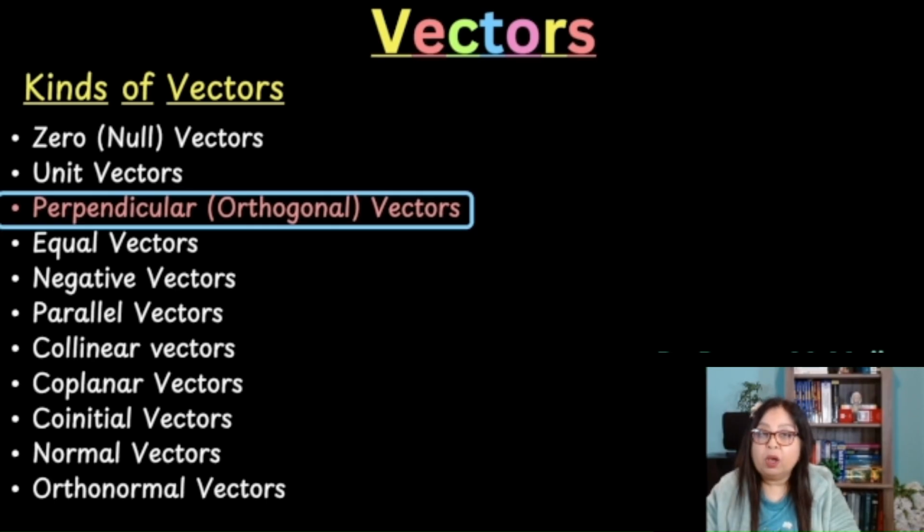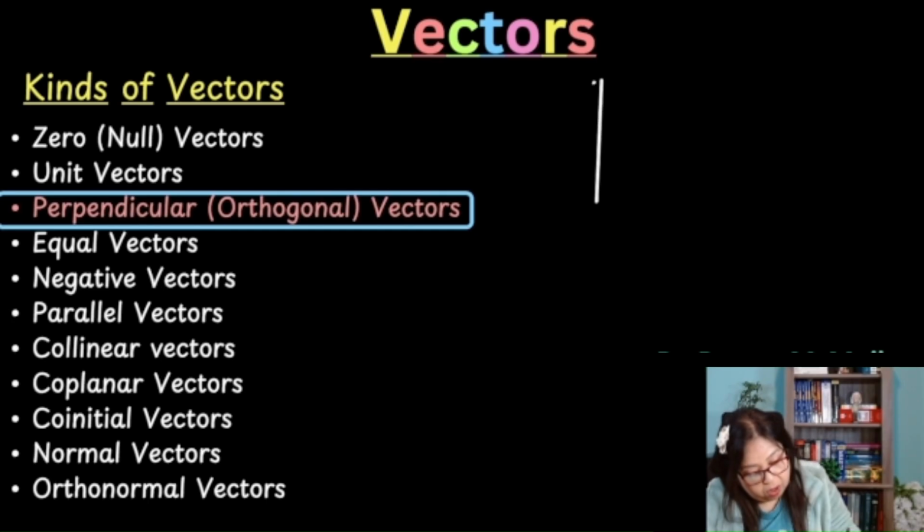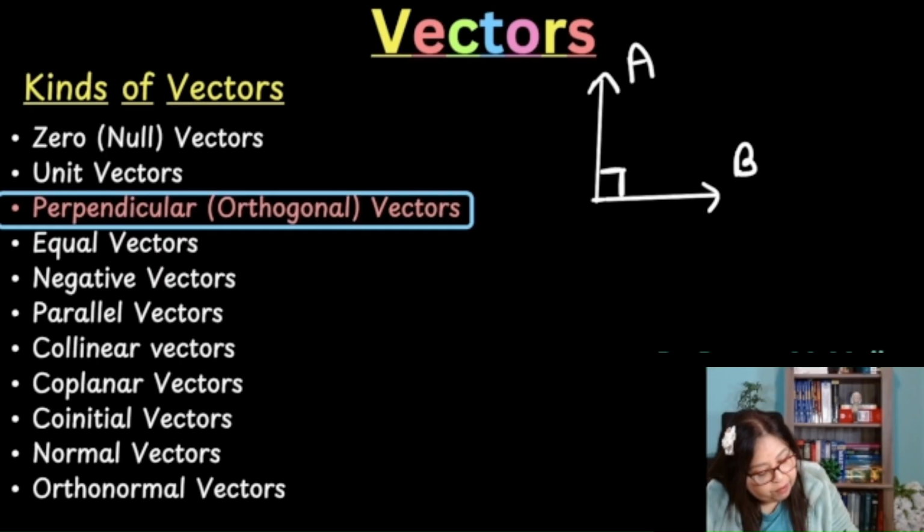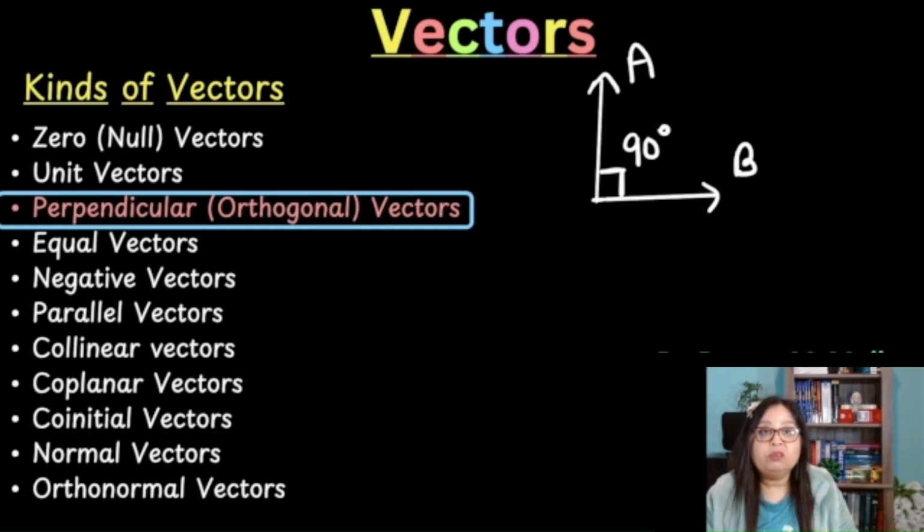Perpendicular or orthogonal vectors. The name tells you. When two vectors, call them A and B, are perpendicular to each other, it means they are at a right angle, at 90 degrees to each other. Such vectors are also called orthogonal vectors.